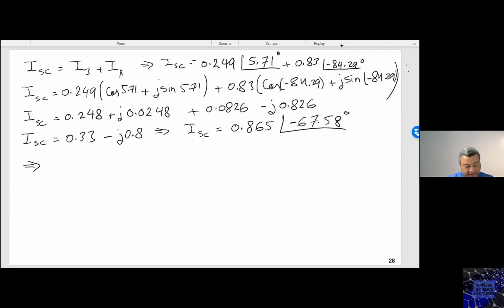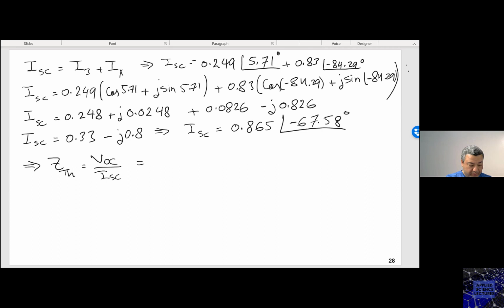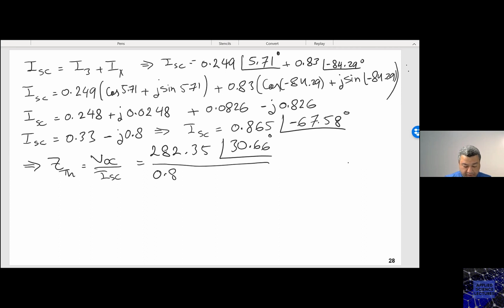Now the Z Thevenin is VOC divided by ISC, and this is, if you recall, 282.35 divided by 0.865, minus 67.58 degrees.